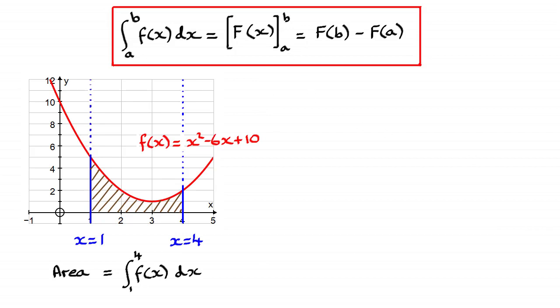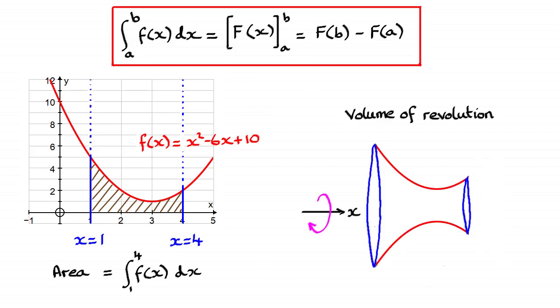Another one is what we call volumes of revolution, and we'll look at these in further videos. That's when we take, say, this shaded area here, spin it about the x-axis, and it generates a solid, something like this. And we call this a volume of revolution. And we use definite integration to work out volumes like this.